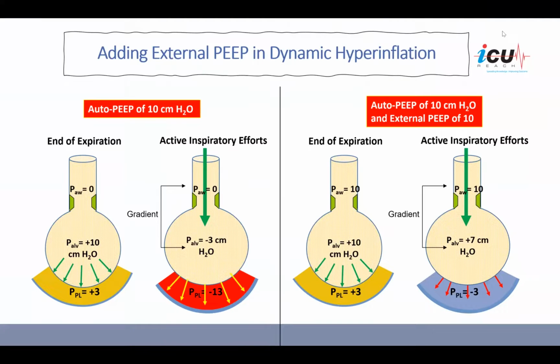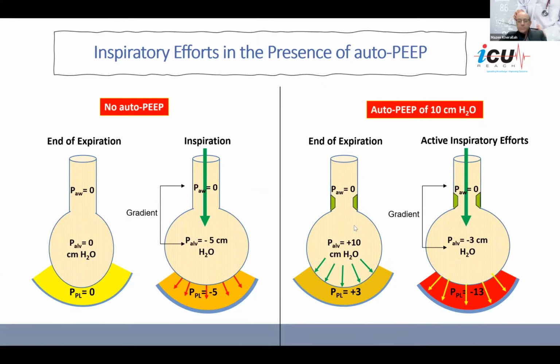Okay, so let's again look at this. Now, when you are introducing the transpulmonary pressure, it is the airway pressure minus the esophageal pressure or the intrathoracic pressure.